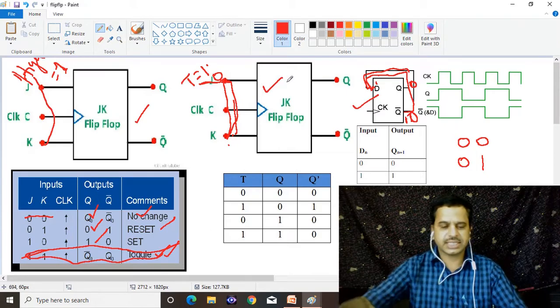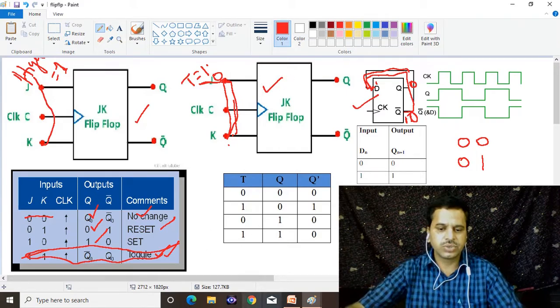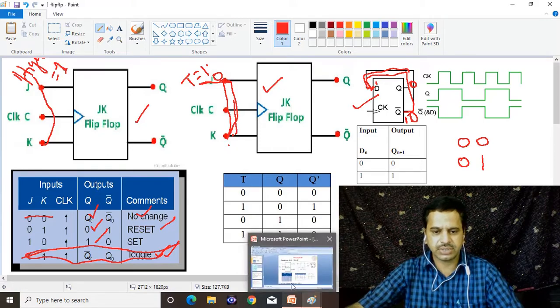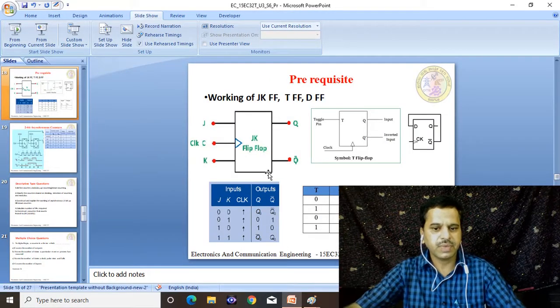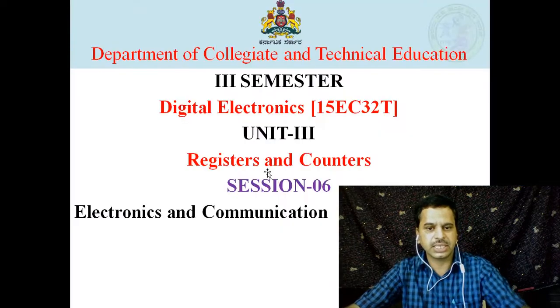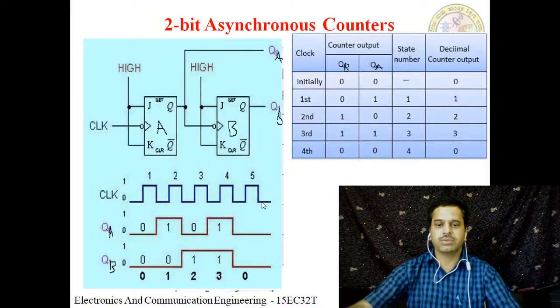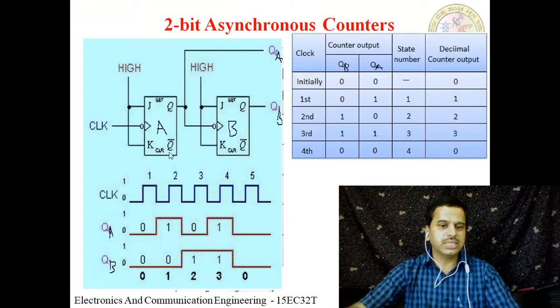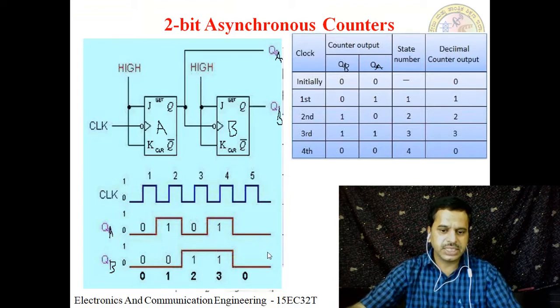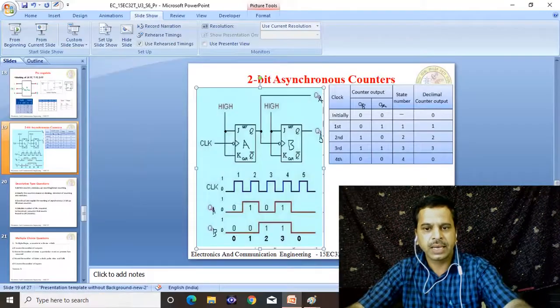Now let us study the 2-bit asynchronous counter. See, in the 2-bit asynchronous counter, here we use the JK flip-flop.